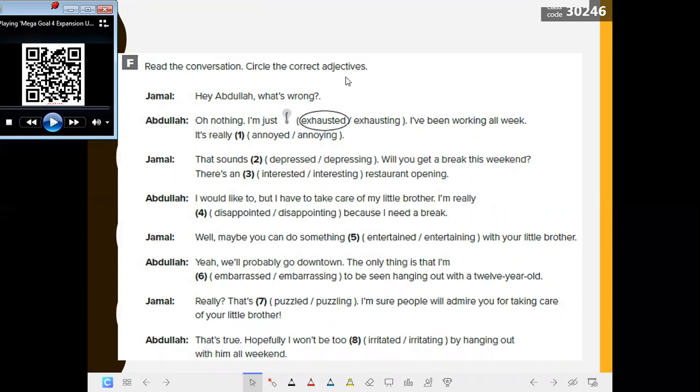طيب now I want two students. One will read a sentence related to Jamal and the other will read the sentence related to Abdullah. واحد هيقرأ عن جمال وواحد هيقرأ عن عبد الله. طبعا احنا بنختار الإجابة الصحيحة واحنا ماشيين كده.